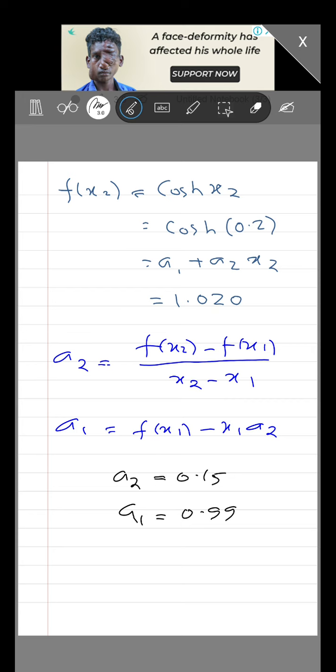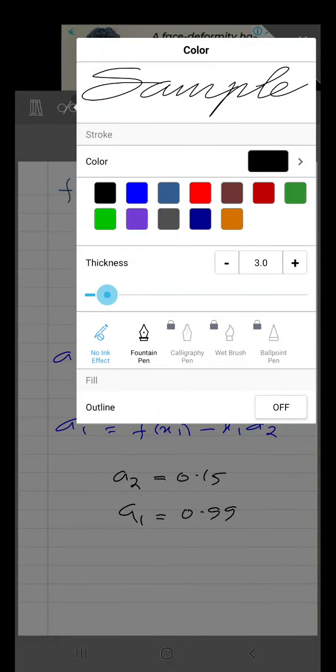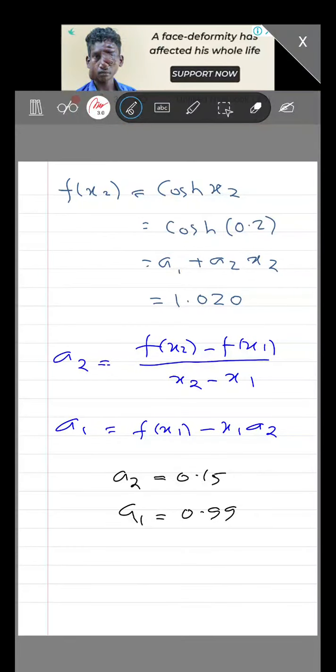Suppose we would like to find out the value of f(x), where x is equal to 0.16. In that case we can use this relation.